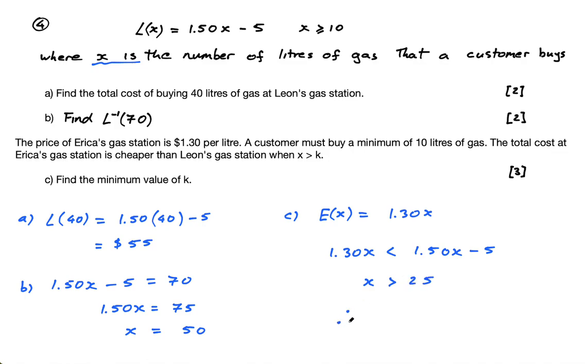Therefore, our minimum value of k is 25. Okay, that's a little bit confusing. But yeah, you don't even have to write down this inequality if you want. You just write down this function, and then you could draw a little graph if you wanted, and then write the minimum value of k is 25. Okay, that's question 4.